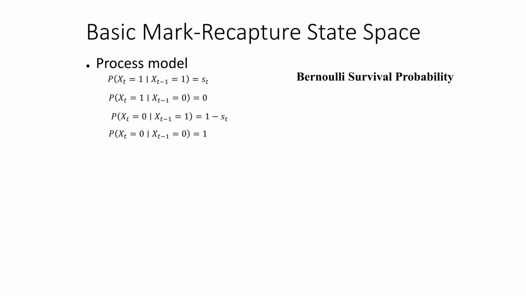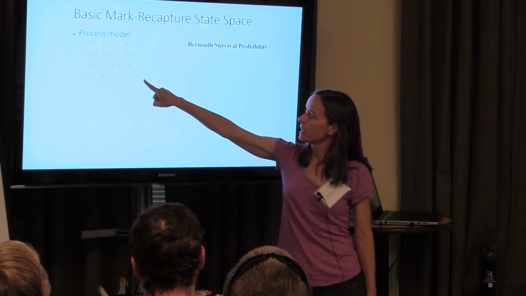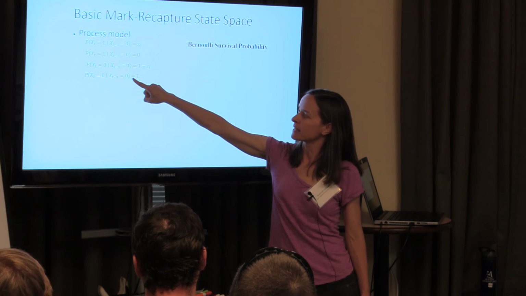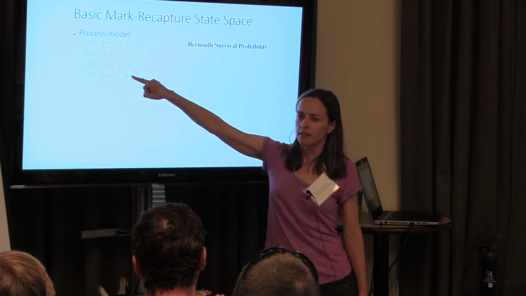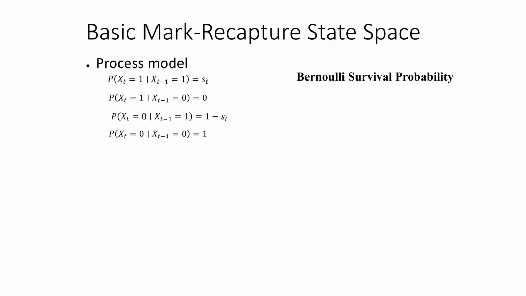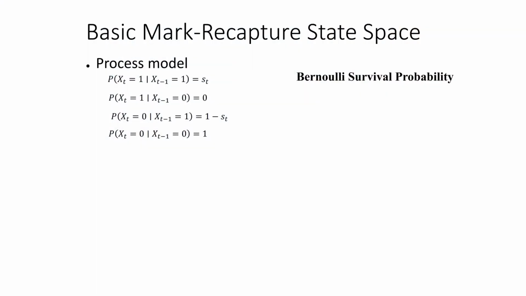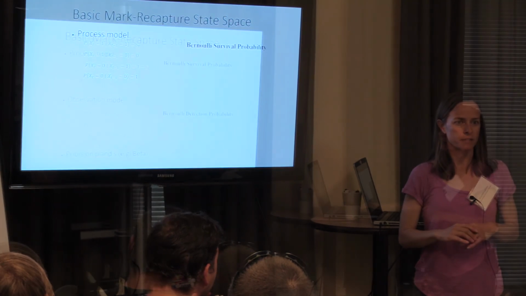There are two options there, and they add up to 1. And again, there are two options here. Given that it wasn't alive last time, it's either not alive this time, or alive this time. We already said that's 0, so it's 1, right? So you've got two different ways that you're getting to a probability of 1. The probabilities of your different states, which are 0 and 1, each have to sum to 1, because we're in the probability realm.